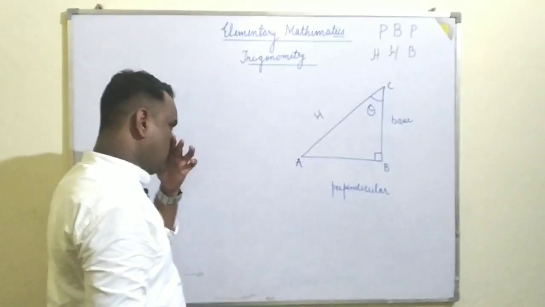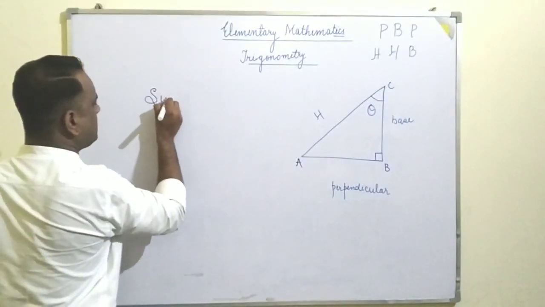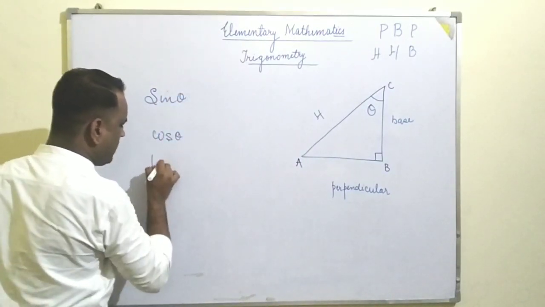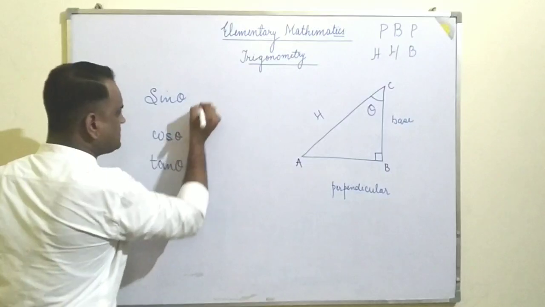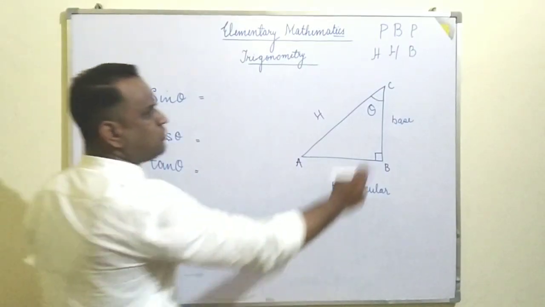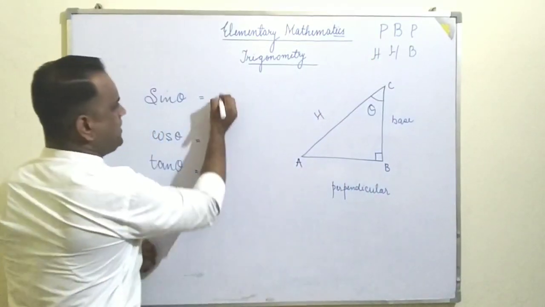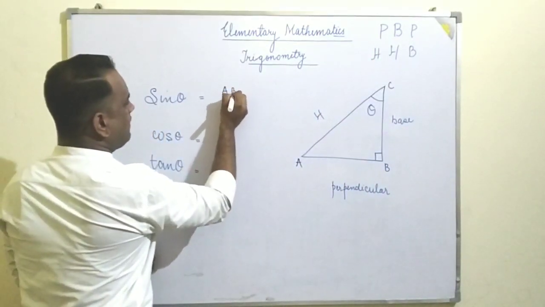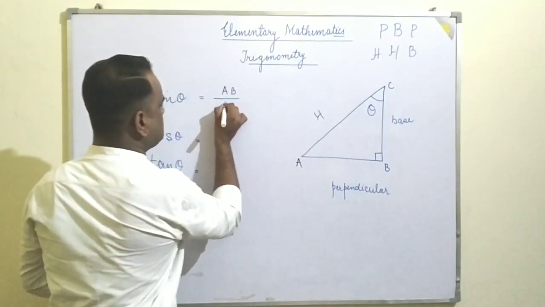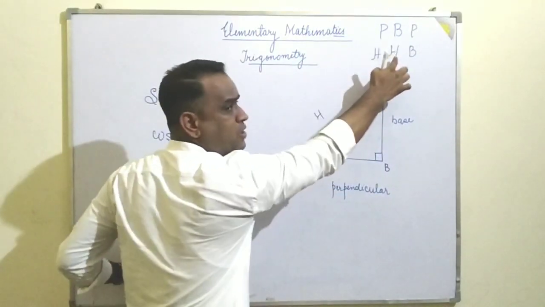So if someone asks, sir, how can you write the values of sin theta, cos theta and tan theta from here? It is very easy, my dear students. Sin theta is equal to perpendicular upon hypotenuse. Here perpendicular is side AB, upon the hypotenuse, which is side AC. Cos theta is equal to base upon hypotenuse.